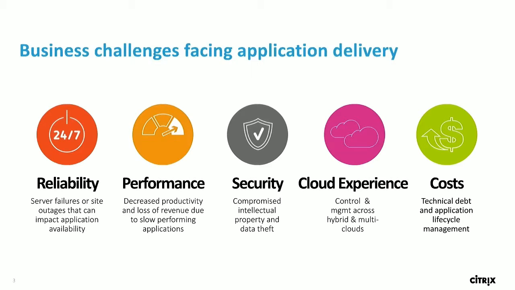Security is looming large in a lot of companies. Making sure that intellectual property is well protected, you don't have any data losses. And then from a cloud perspective, making sure that you have essentially the same control and visibility across the clouds. How do you actually provide the same application experience regardless of whether the application is on-prem or in the cloud? And the last part is around costs, and how do you actually manage the life cycle of the application as it's getting migrated over to the cloud?